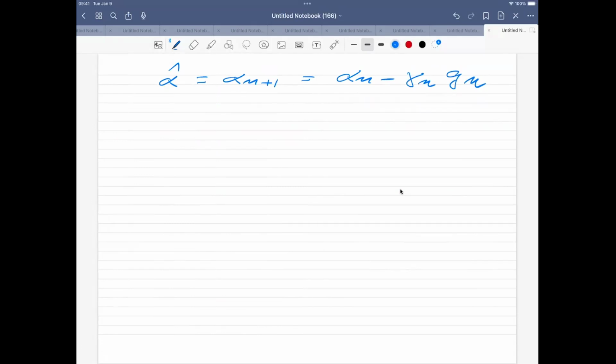Now, the question then is, how do we actually find this optimal gamma? Suppose now that we have replaced the second derivative of the expectation value of the energy.